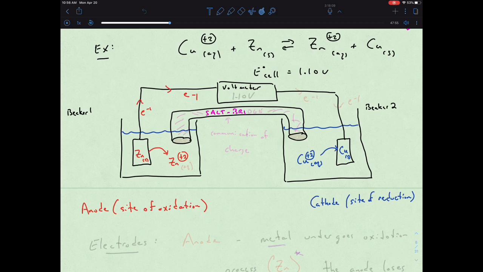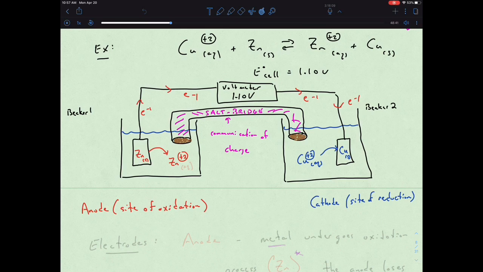And the salt bridge just allows for communication of charge. And that allows electrons to flow all the way across and down to produce then a voltage of 1.10 volts for this particular type of battery that we're describing.